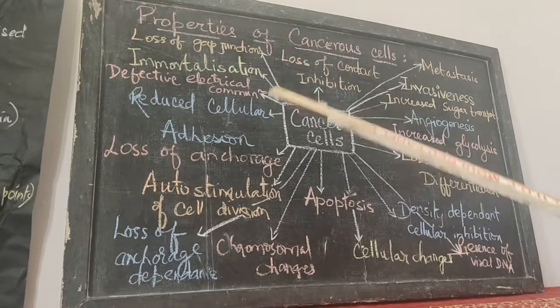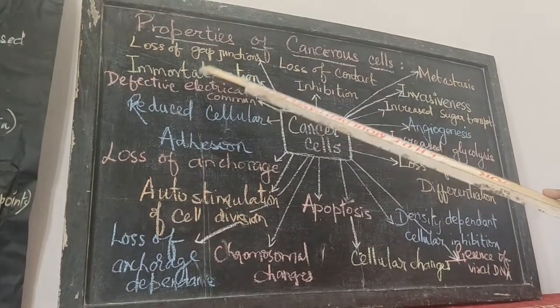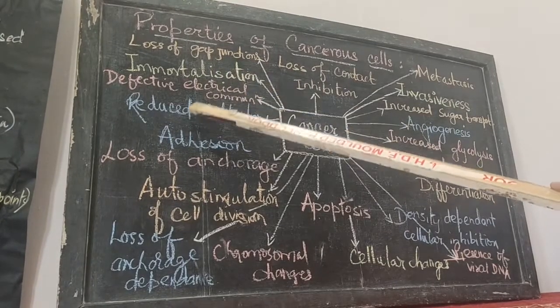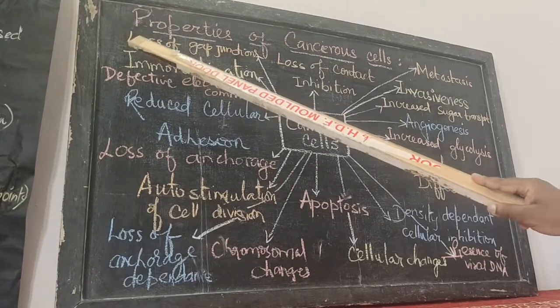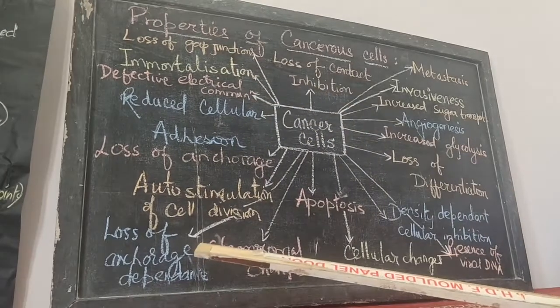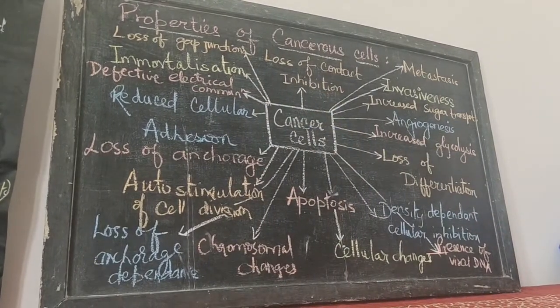In cancerous cells, gap junctions are absent because of the absence of connexin proteins, and hence loss of gap junctions is seen in cancerous cells.